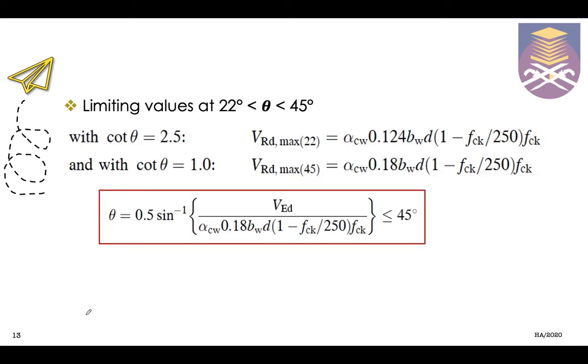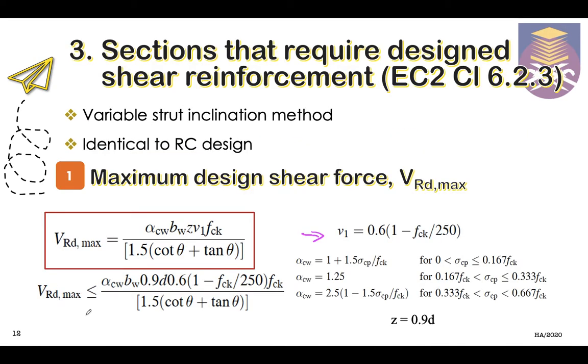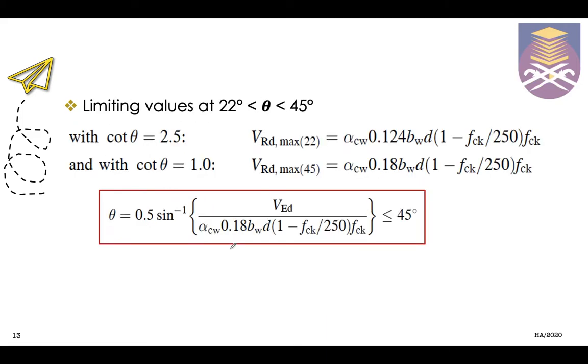Since in the equation we have this theta value, we know that in the design of shear reinforcement we are going to limit the values of theta to be between 22 degrees and 45 degrees. If we substitute the values of theta into the equation, we are going to have these two equations: one for 22 degrees and another one for 45 degrees.